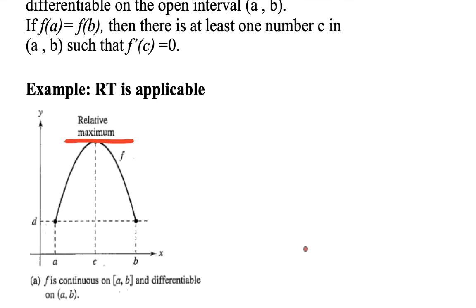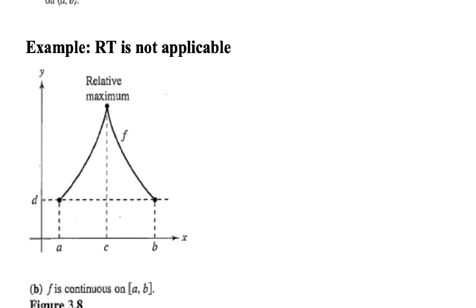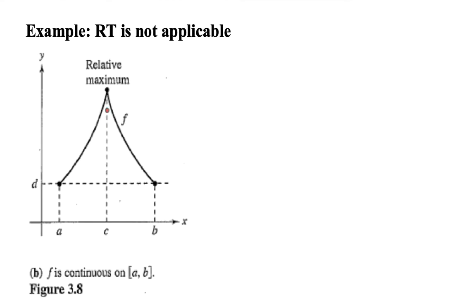Now let's look at an example where Rolle's theorem is not applicable. In this example, notice the function is continuous. The function values at the endpoints are the same, but the function is not differentiable. If you recall from your differential calculus class, this is a sharp point.